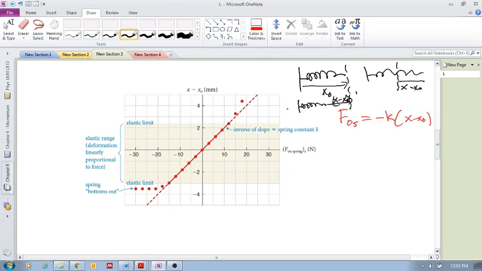But the point is that the slope is the same in the compression region and in the stretching region, so long as we are in the elastic range.